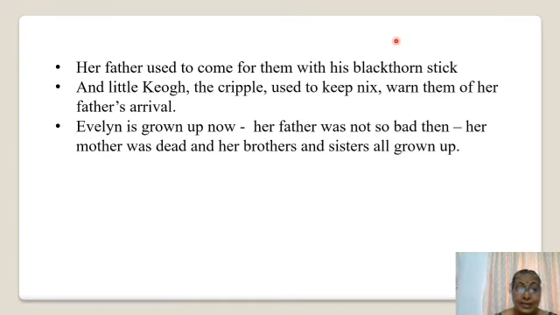That in itself is change, and she could feel change all around her, and change for the better. But in her case, it is not change for the better. It is maybe a change which is very sad, and with the mother dead, there is no one to look after the younger brothers and sisters, and Evelyn is always there. And her father was not so bad then, she says, which also means that father is now worse.